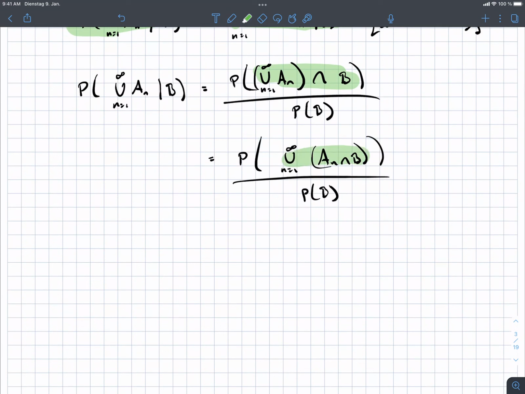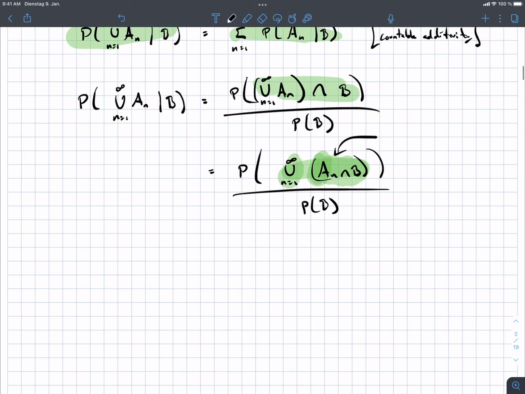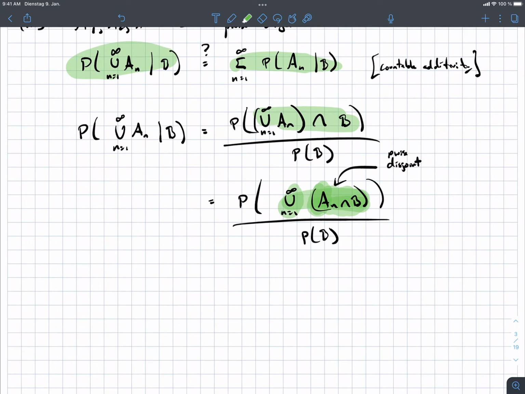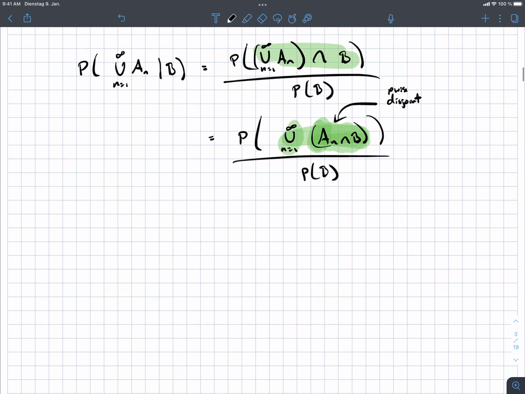And once I do that, I can see that I've got the union of a bunch of disjoint sets. So these are all pairwise disjoint because I started with pairwise disjoint sets A. So these sets A and intersect B are also pairwise disjoint.